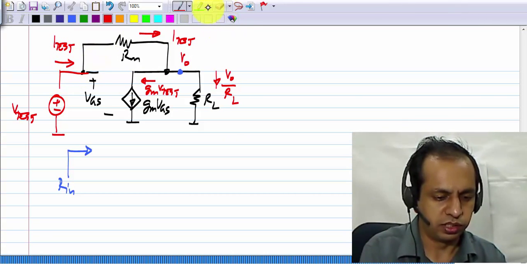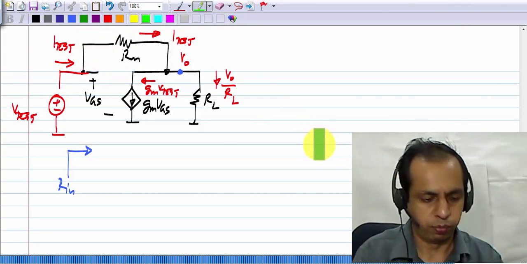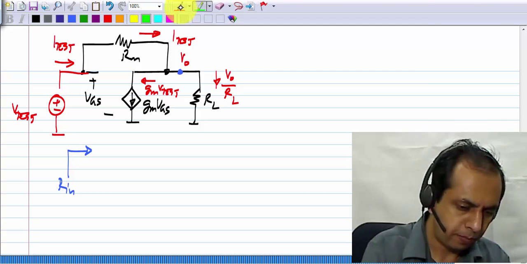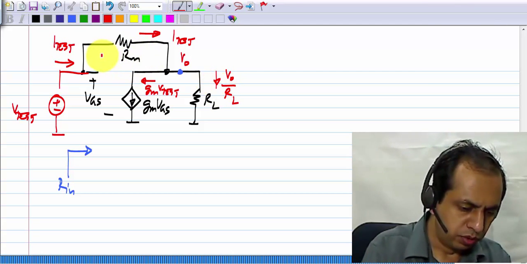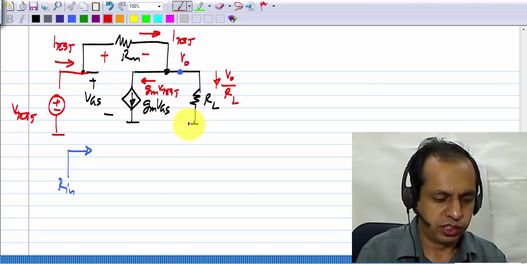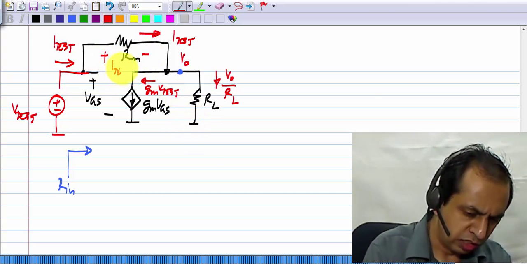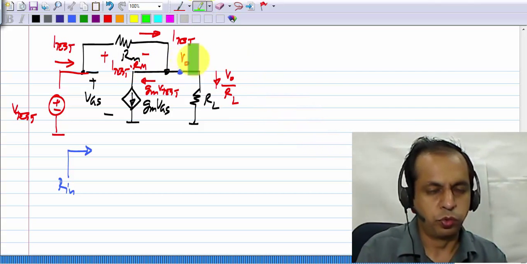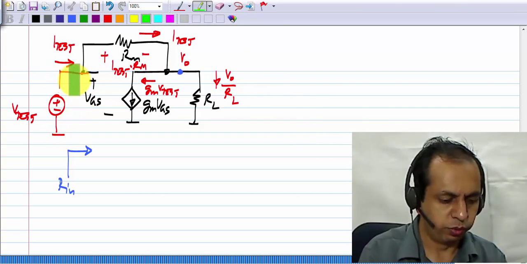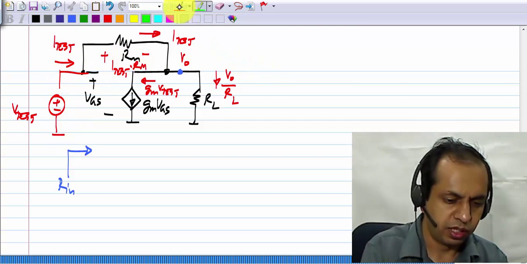The current I test is whatever current is going through Rm. So this voltage here is I test times Rm. So this voltage V0 is nothing but VGS or V test minus I test times Rm.